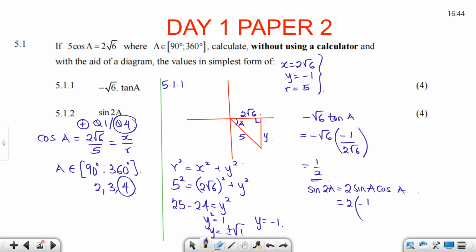No. Our R is what? 5, right? Then cos A. We already know that. That is what? So what would your answer be? Negative 4 root 6 over 25.